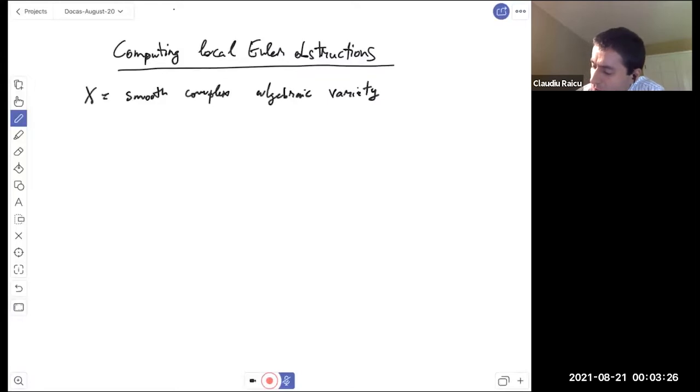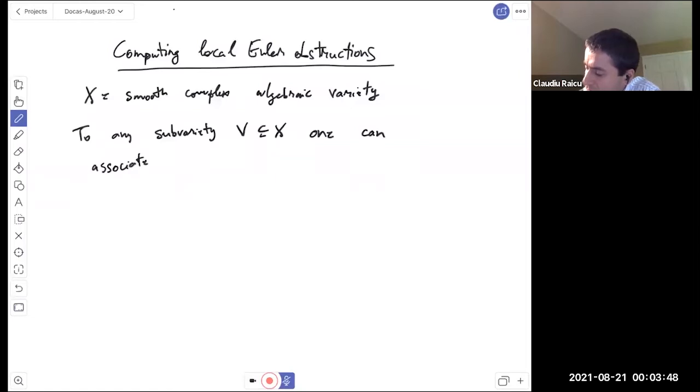And then to any subvariety, or more generally closed subset, V in X, what we can do is we can associate a constructible function from X to the integers.